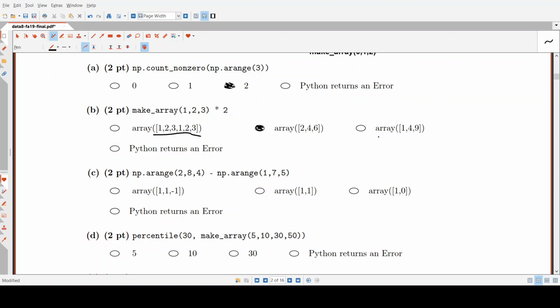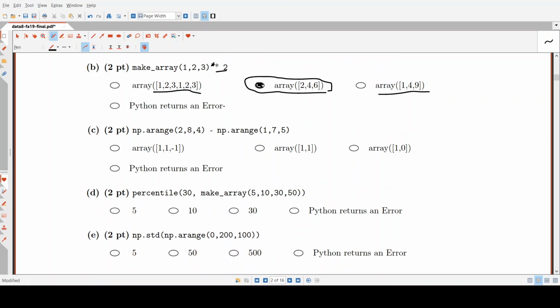And then here we have 1, 4, and 9, which is the result of taking 1, 2, and 3 and squaring each of those numbers. This would only be true if we had a second times sign here, because that would symbolize exponentiation. But in this case, it's just times 2. We only have 1 multiplication sign, so we're just multiplying, and we get our answer 2, 4, 6.